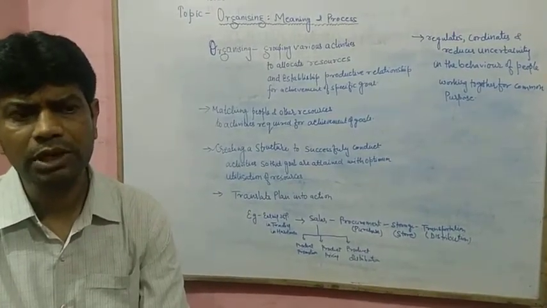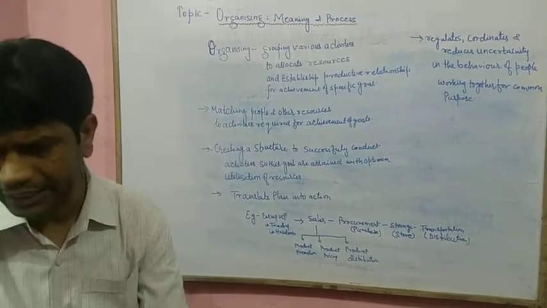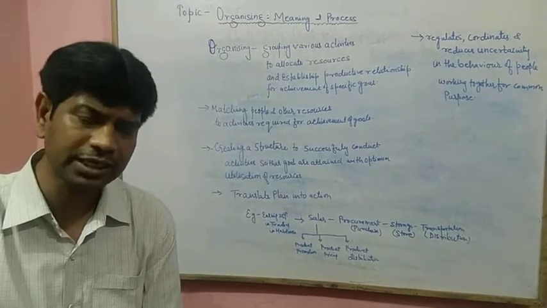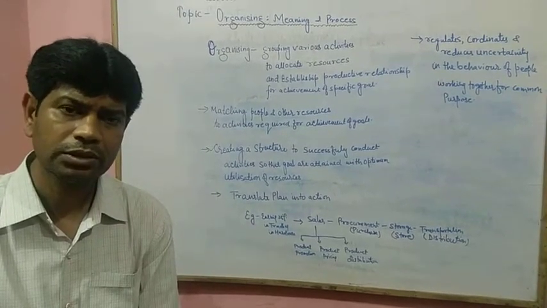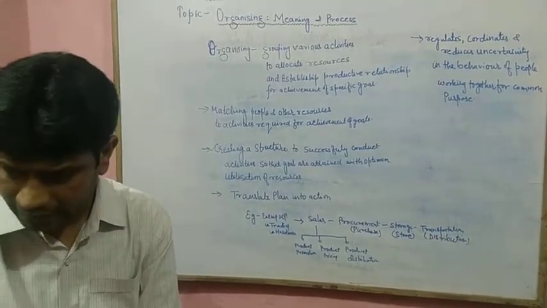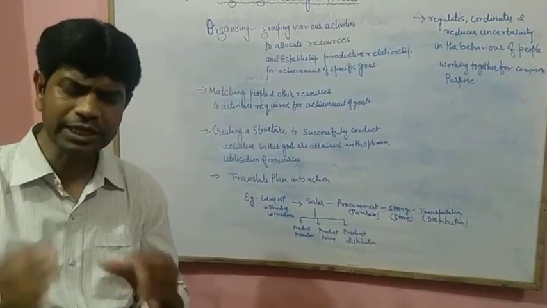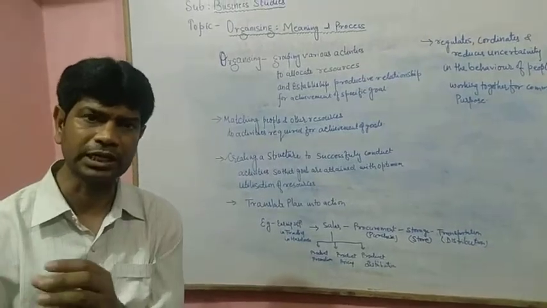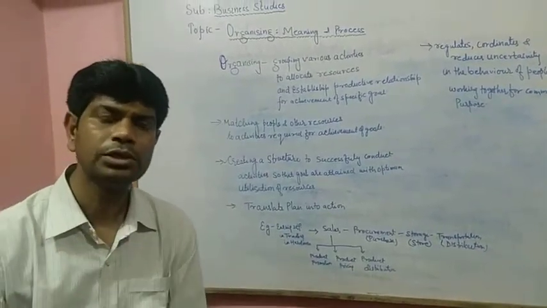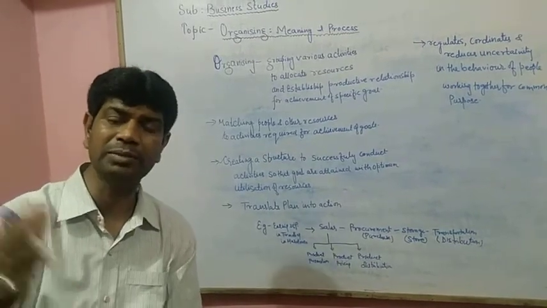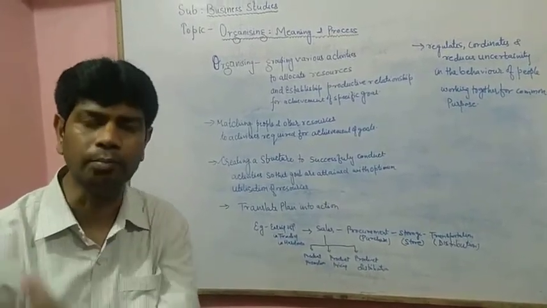Those work are to be grouped and defined, and then we delegate the authority. Responsibility is defined, and we establish or link each group with another, who is superior, who is senior, or who has to be accountable for their work to whom.